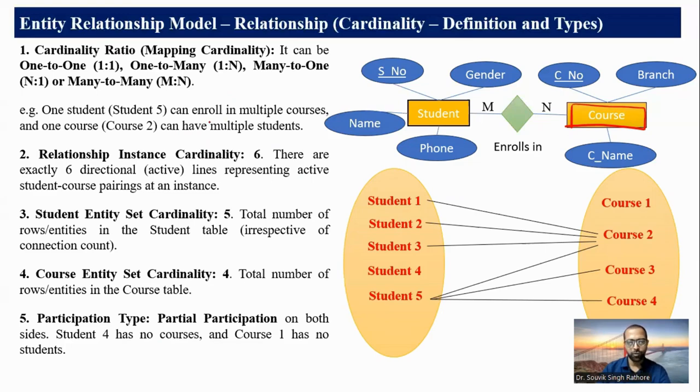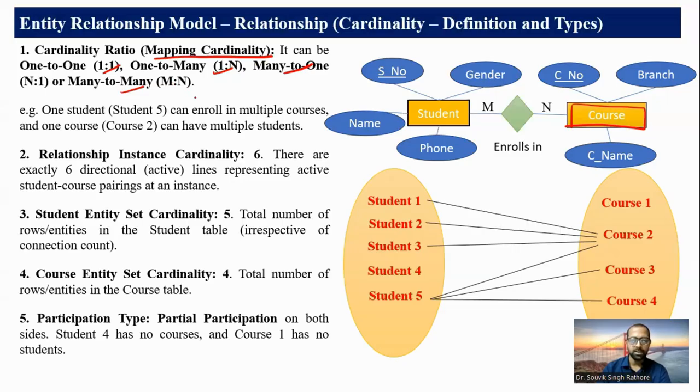Now let's formally understand this. A cardinality ratio, also called the mapping cardinality, describes the numerical relationship between the entity types. So the common cardinality ratios are 1 is to 1, 1 is to many, many to one, and many to many.